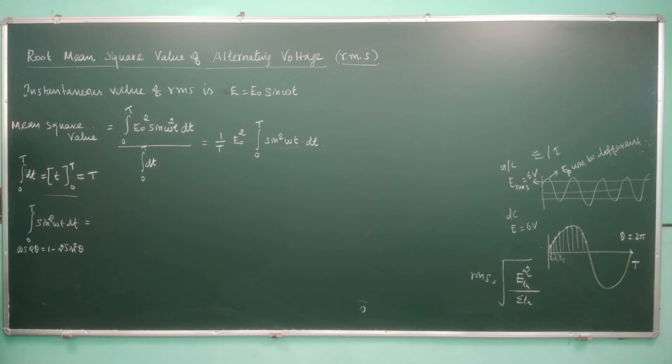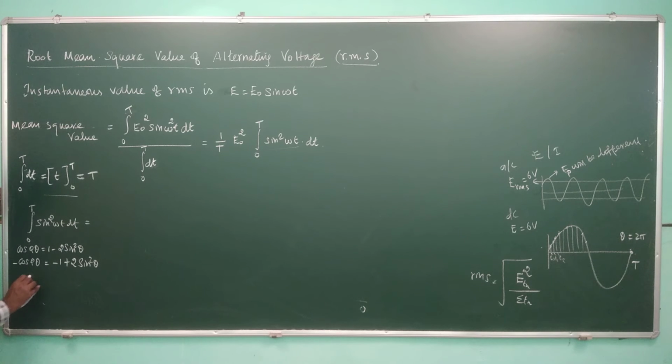So if you rewrite this equation for sine square theta, you multiply all the terms on either side with minus. So minus cos 2 theta is equal to minus 1 plus 2 sine square theta.